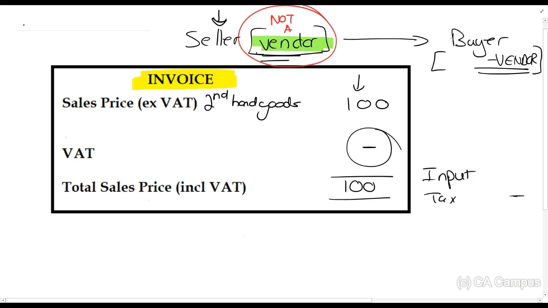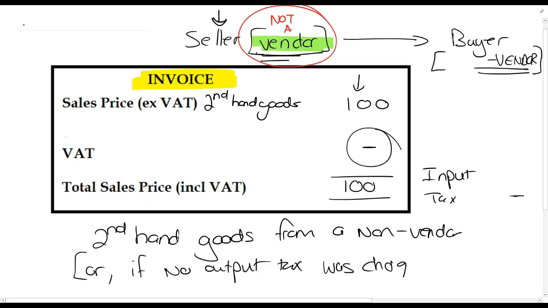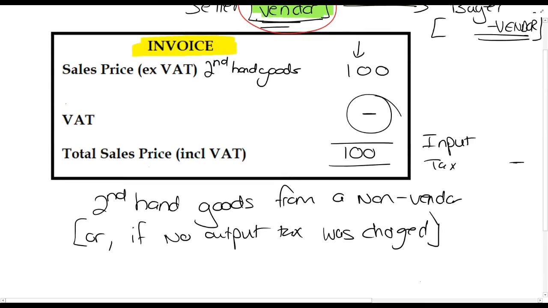But now there's a special rule that says, if you buy second-hand goods from a non-vendor, or if no output tax was charged for whatever reason, then the Act allows you to pretend that there was VAT on that amount, that 100 rands, the total price.